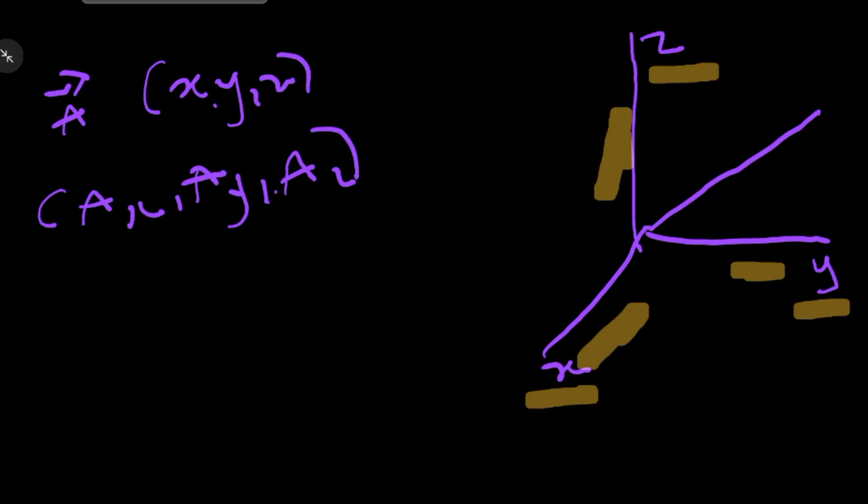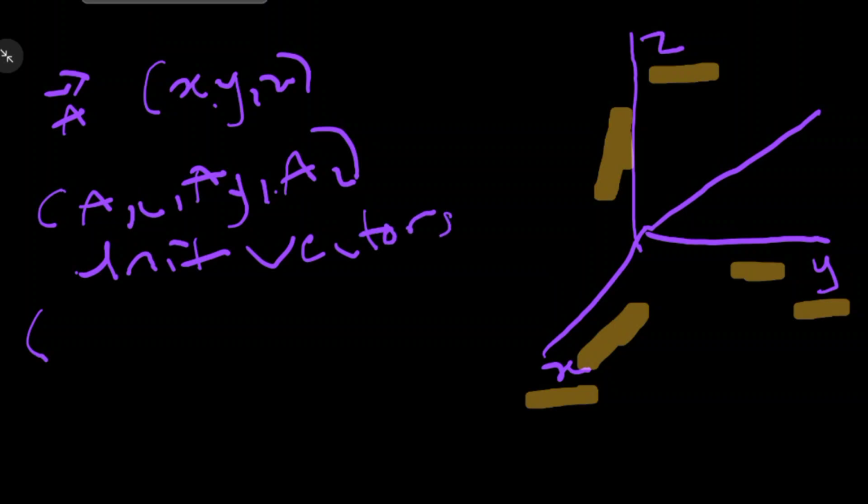So let's look at unit vectors. Unit vectors are denoted as a with a little inverted triangle over it: a x, a y, a z.